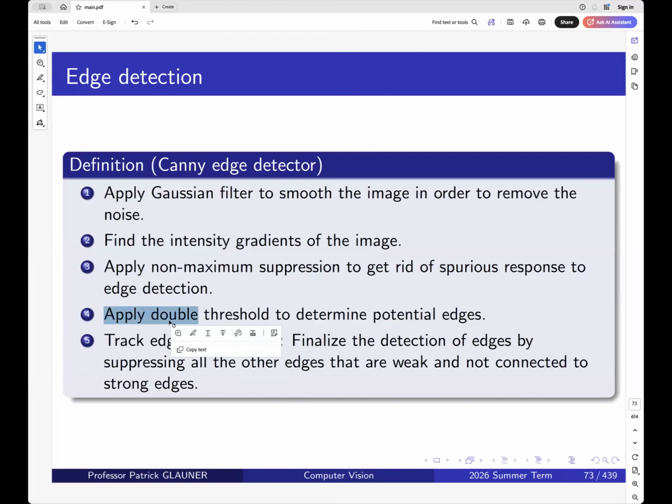After you have kicked them out, you would use some threshold, maybe in terms of the intensity, to only keep high intensity potential edges. Then you try to combine some of these edges into larger edges. That's step number five, where you have smaller, weak edges and you try to connect them to stronger ones to build a more complex structure.